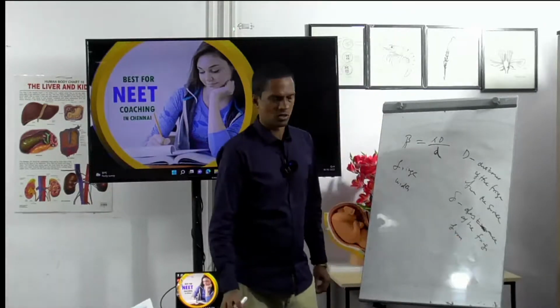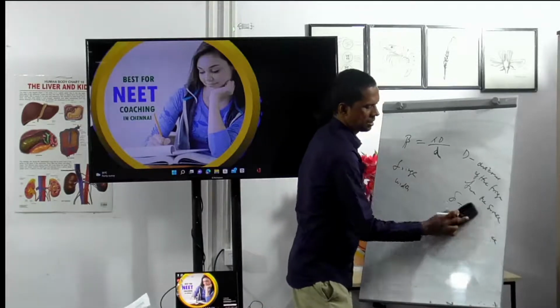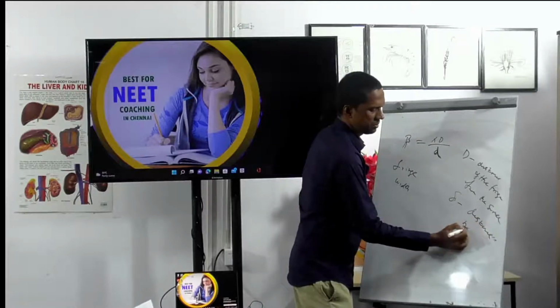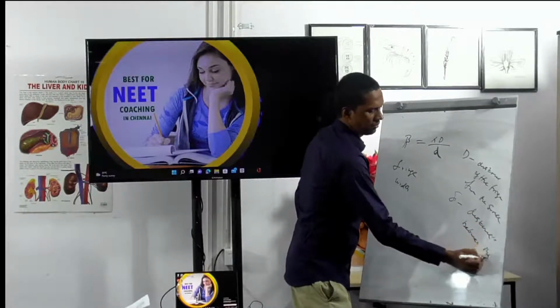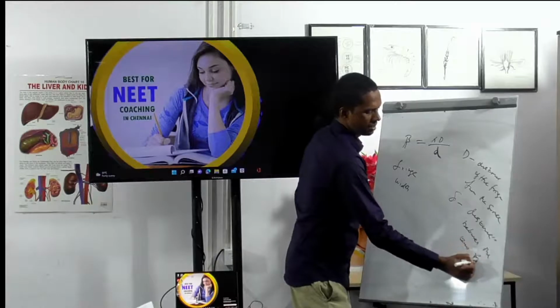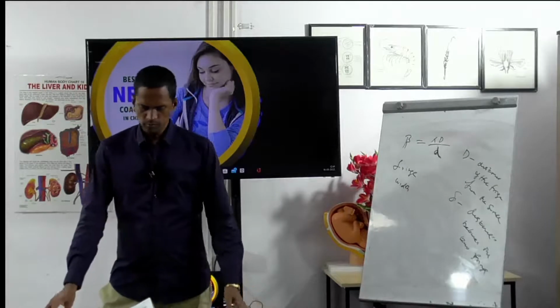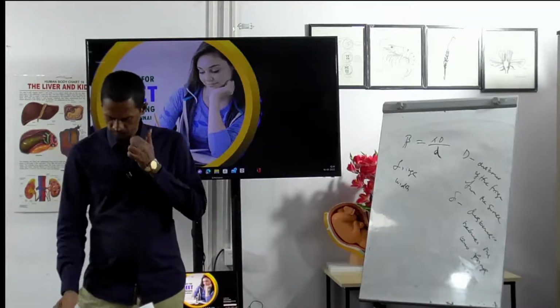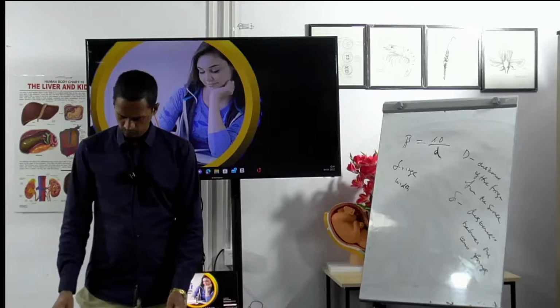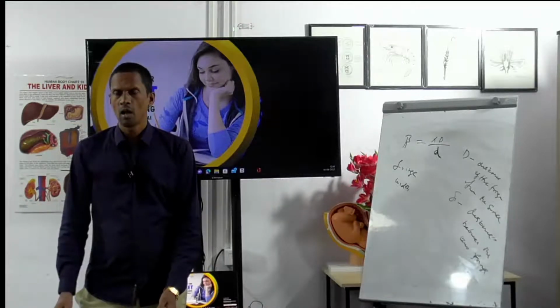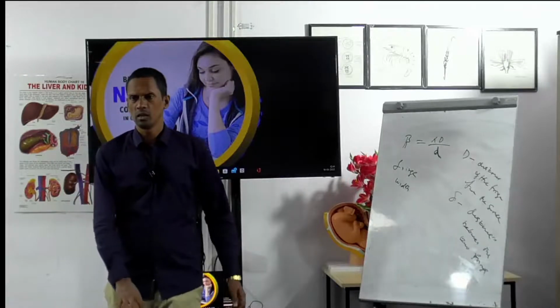Small d is the distance between the two sources.